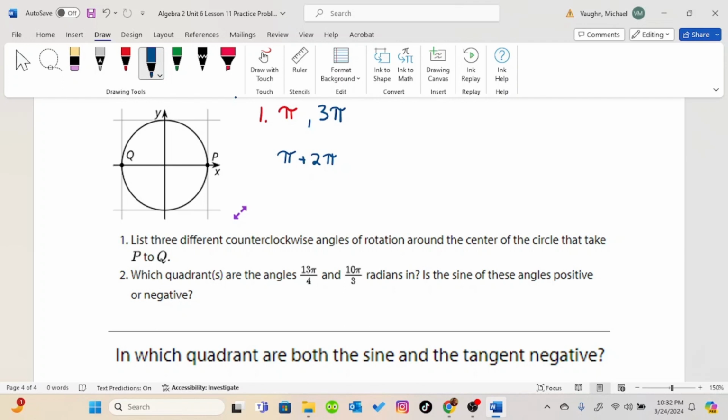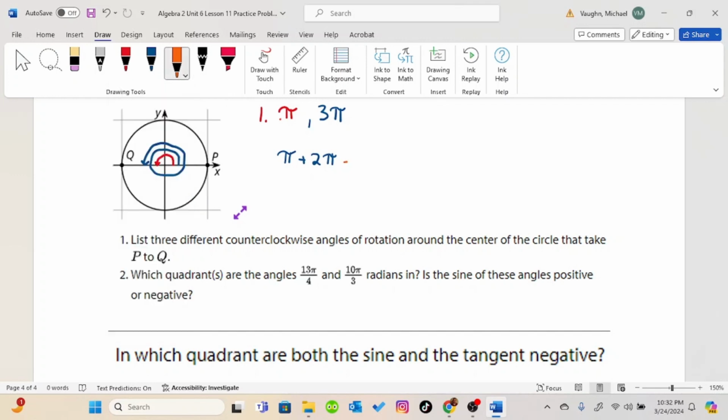So that would be 1 full rotation and a half rotation to end up back at Q. So pi just takes me here, and 3 pi brings me around and back to here.